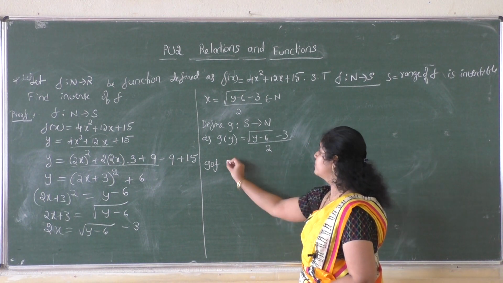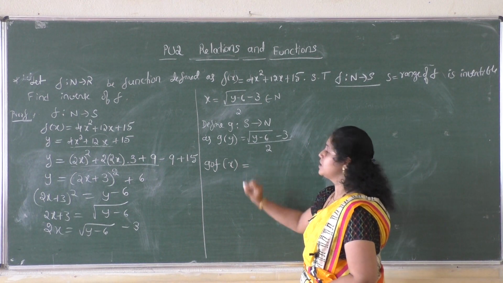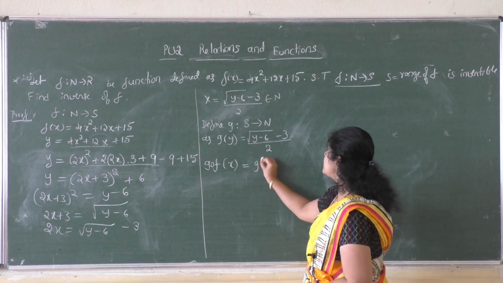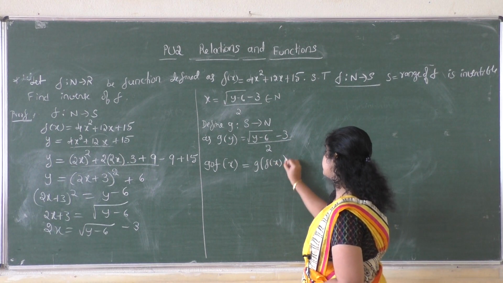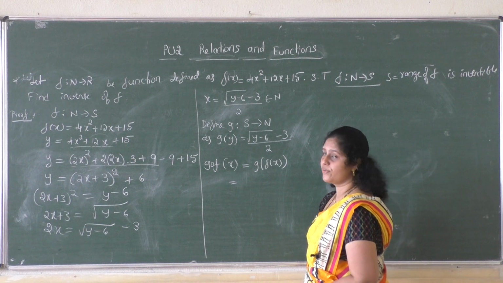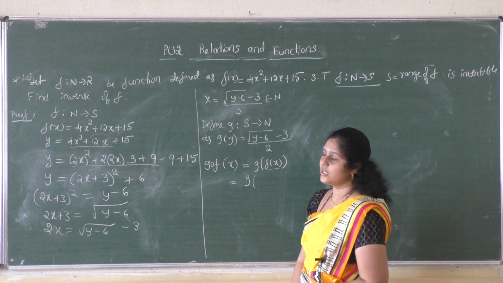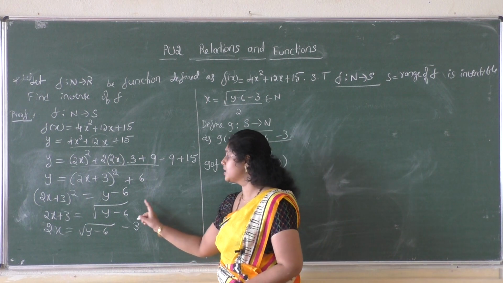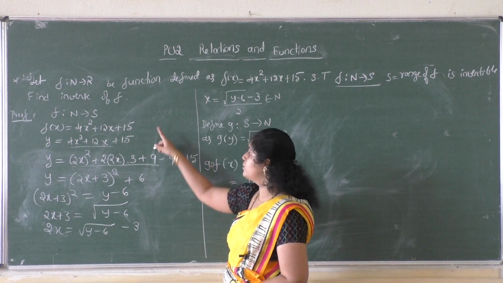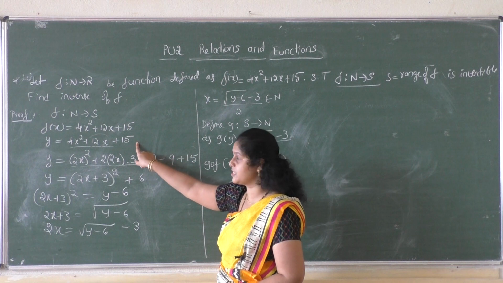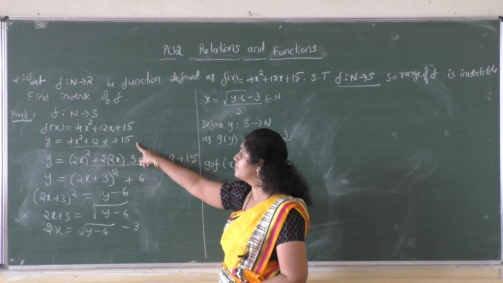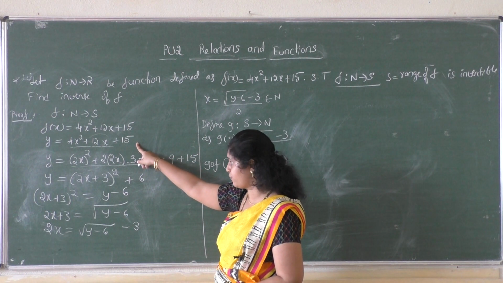Okay, g of f of x is equal to g of f of x. So what is g of f of x? For our convenience, we know that f of x is 4x square plus 12x plus 15. That is equal to y, y is f of x.